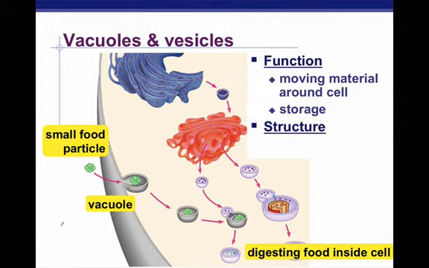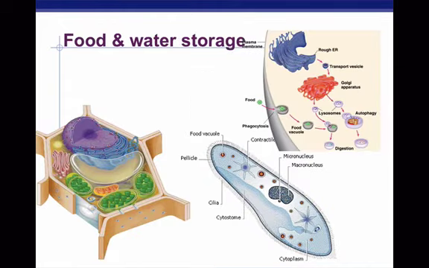Let's put it right over here. Endocytosis just means inside the cell. But it does take energy to engulf that food particle inside the cell. The structure is made of a membrane sac. So food and water storage.